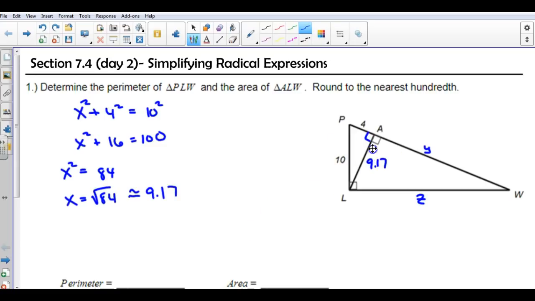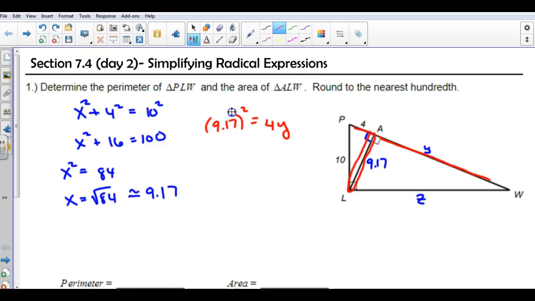I'm going to keep that one there, and keep in mind that this AL going across here is our altitude, since it goes from one of our vertices all the way to the perpendicular edge. This altitude, and this is where the geometric mean comes in, is going to help us a bunch. If you take that 9.17 and square it, that is equal to the product of 4 and y.